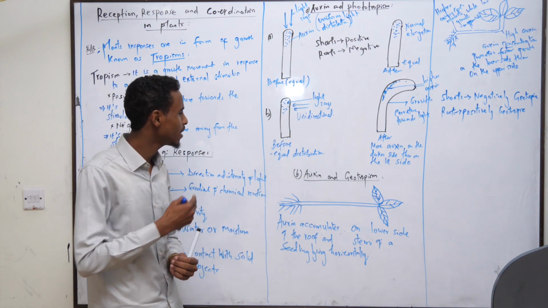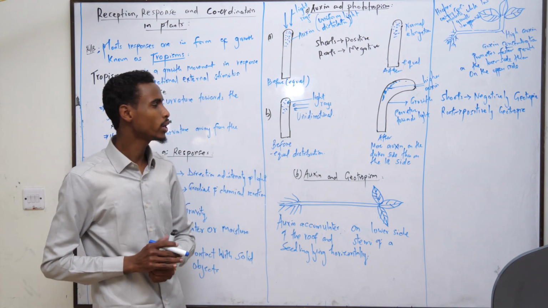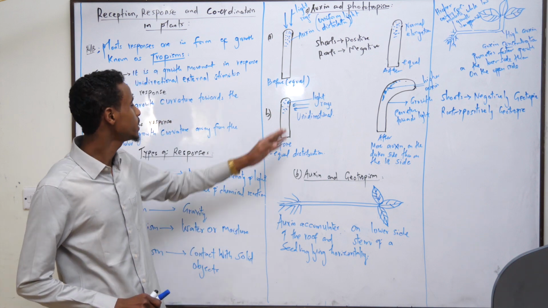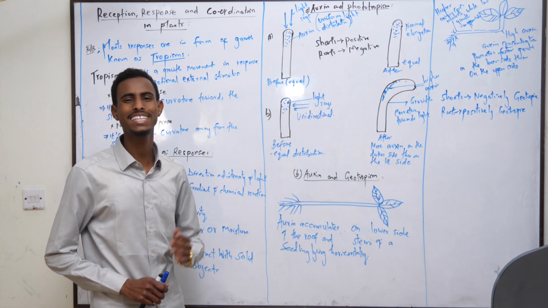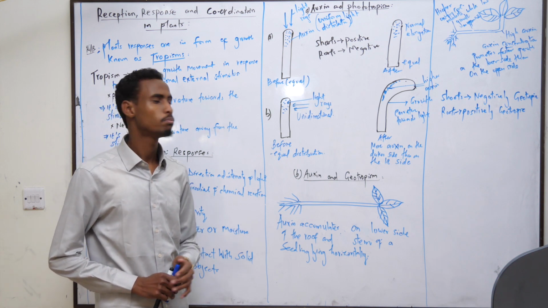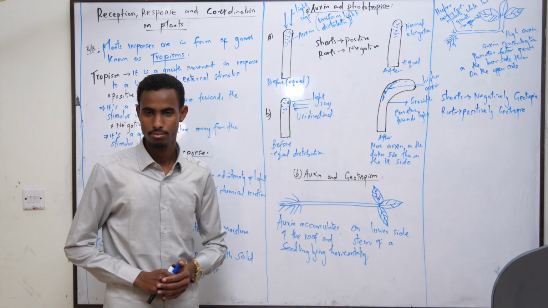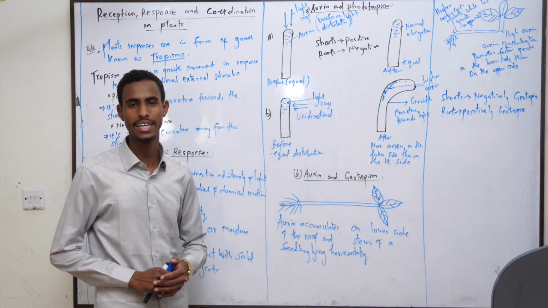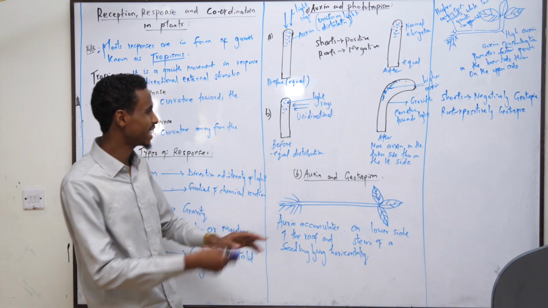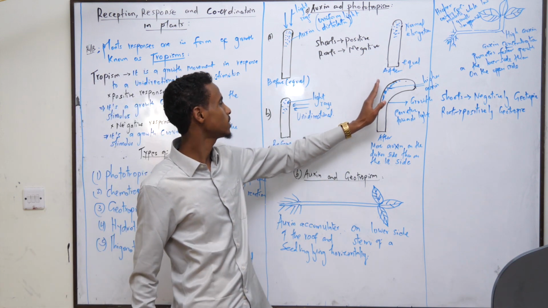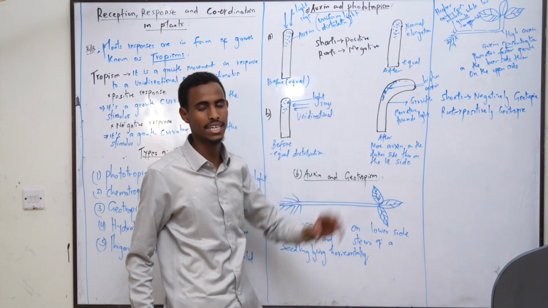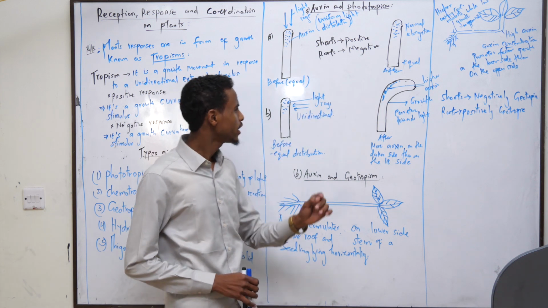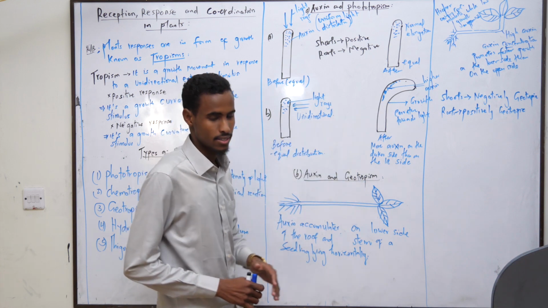But what happens after the experiment? We can see after the experiment that the auxins migrated from the lit side, from the side where the light was direct, to the darker side, and we can see that the auxins are highly concentrated on the darker side of the shoot.